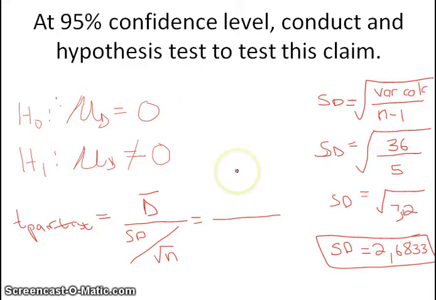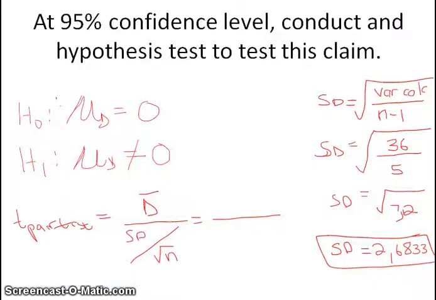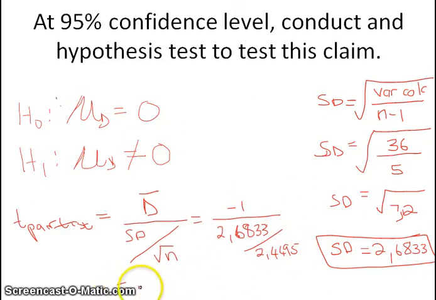So I know that my mean difference is minus 1. So I'll fill that in here. Minus 1 divided by that SD, which is 2.6833, divided by the square root of 6, and the square root of 6 is 2.4495.